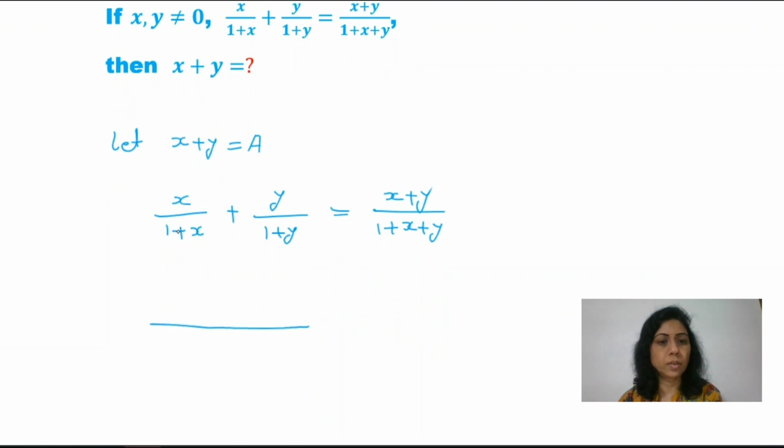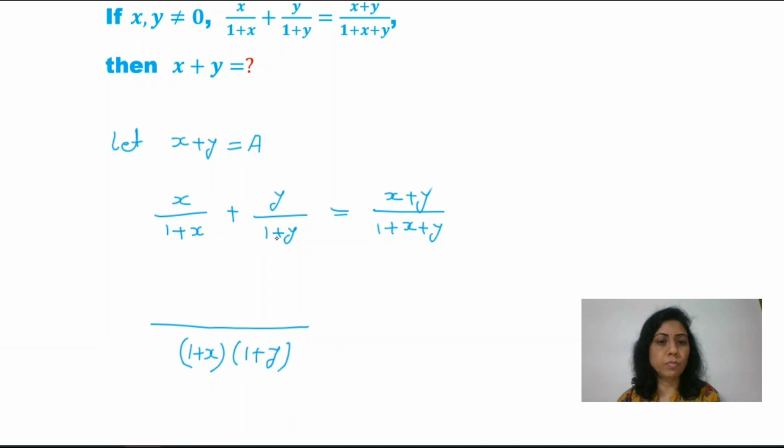So here we have to make the same denominator, and the least common multiple of 1 plus x and 1 plus y is 1 plus x multiplied by 1 plus y.